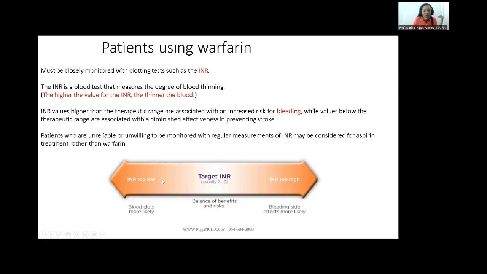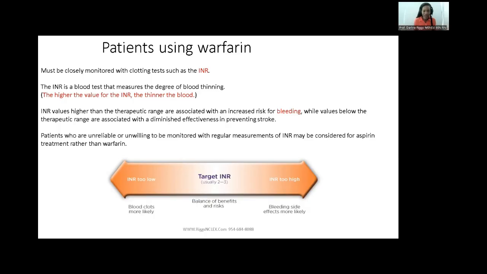Now, what makes this even more high maintenance, in addition to regularly taking blood work from the client to make sure that the INR is within 2 and 3, is there is a diet restriction with this drug. It's not complicated, but there are some things you need to know. So the antidote for Coumadin warfarin is what?